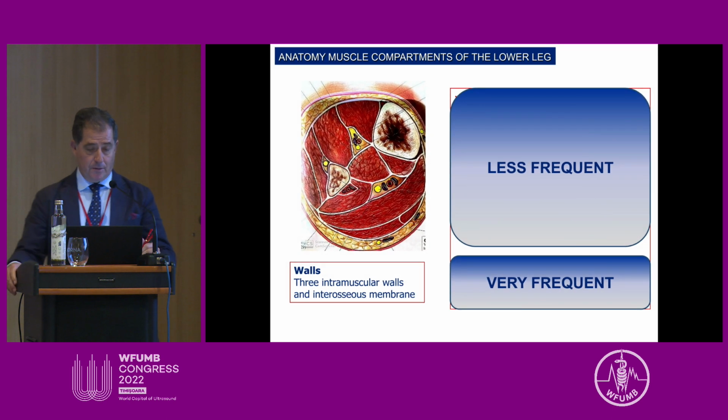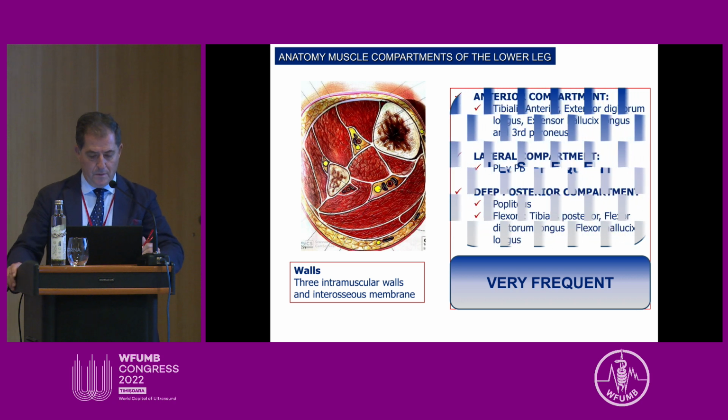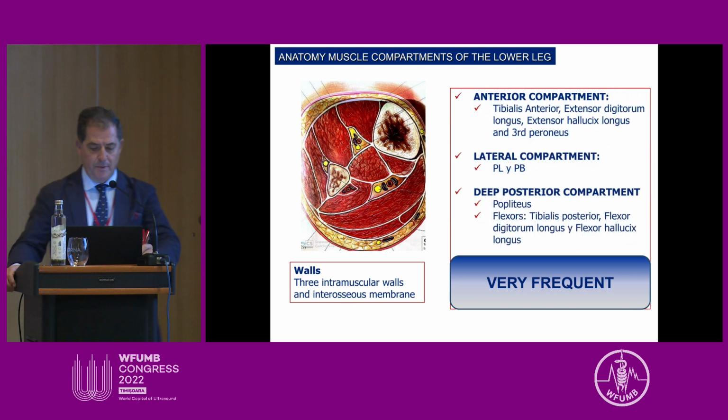This is the anatomy of the calf, and we distinguish two kinds of injuries depending on the frequency. One of them affects the anterior, the lateral, and the deep posterior compartment.